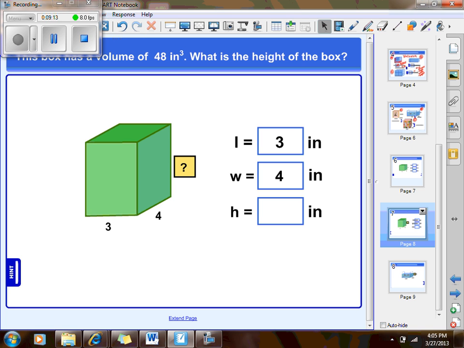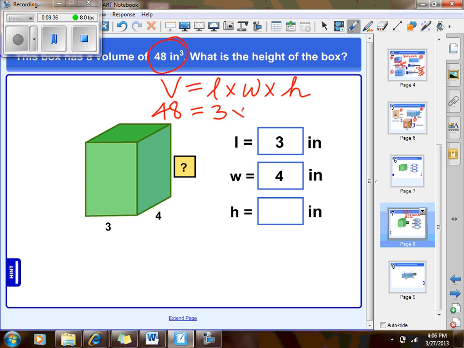If we know the total volume of an object, we can figure out the other sides. So remember, volume equals length times width times height. In this case, we know volume. We know our length, and we know our width.